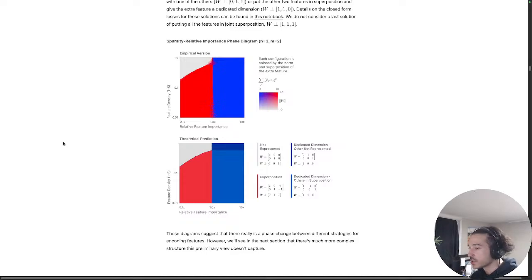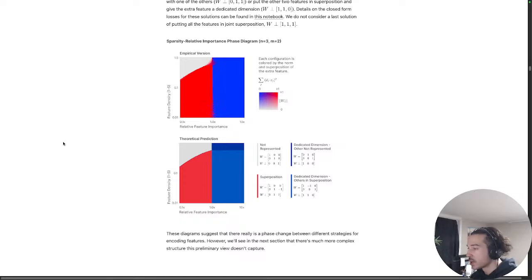Relative feature importance on the x-axis and feature density on the y-axis. Not represented: W equals the matrix with 1, 0, 0 in the top row and 0, 1, 0 on the bottom row, and W orthogonal to (0, 0, 1). Dedicated dimension, other not represented: W equals 0, 1, 0, 0, 0, 1.